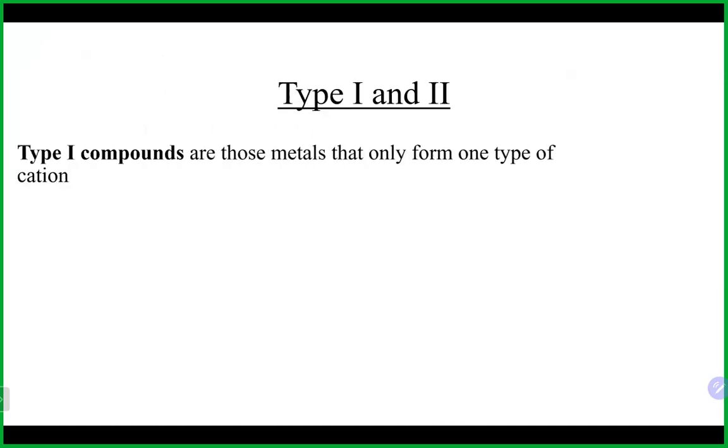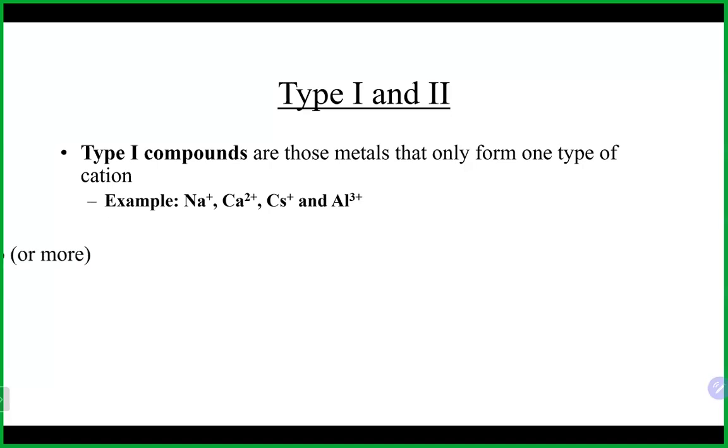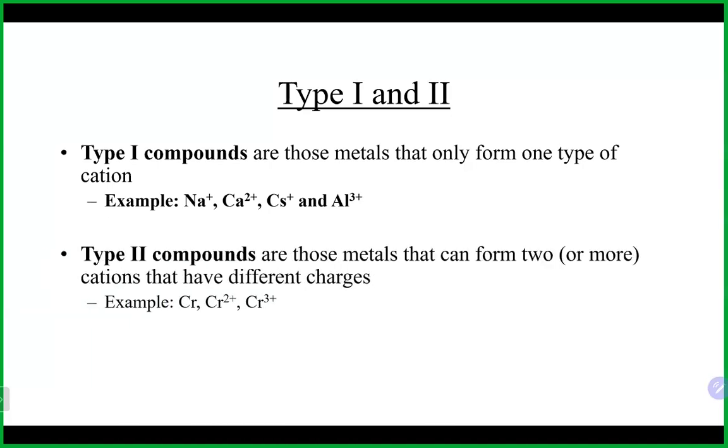So how do we go about naming some of these guys? Well, when we talk about ionic compounds and type 1 and type 2 compounds, it is when we have a metal and a non-metal together.